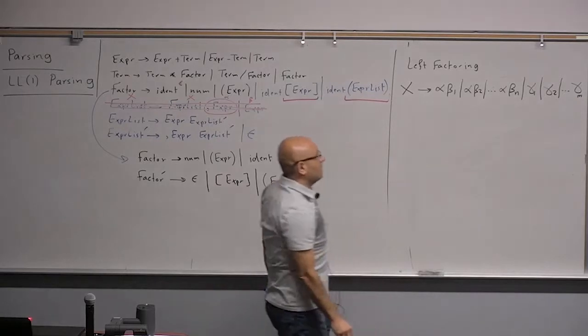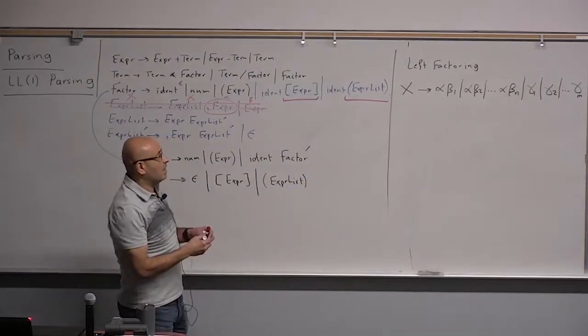The number of gammas does not have to be equal to the number of betas.